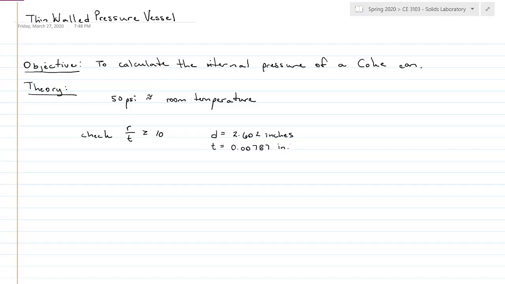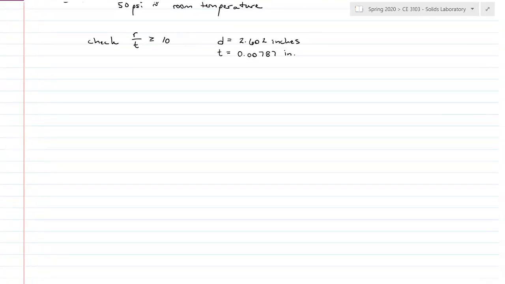Okay, so that means our R over T value is going to be 2.602 inches divided by 2 divided by 0.00787 inches, and that is equal to, heck if I know, because I don't have the calculation written out here.